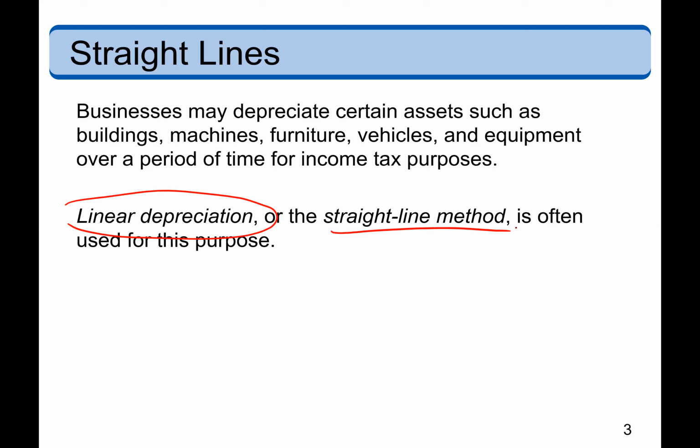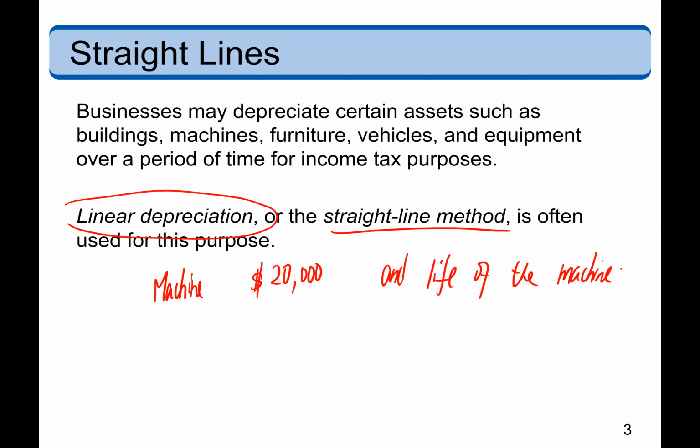So for example, let's say you purchase a machine for $20,000, and the life of the machine is 5 years.